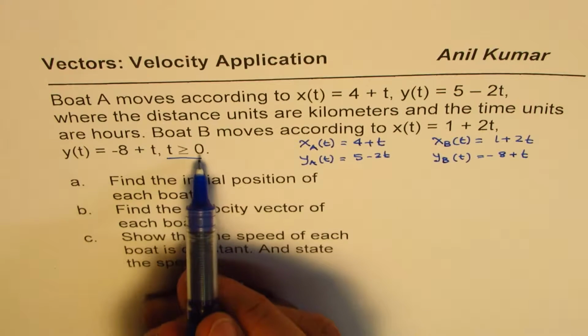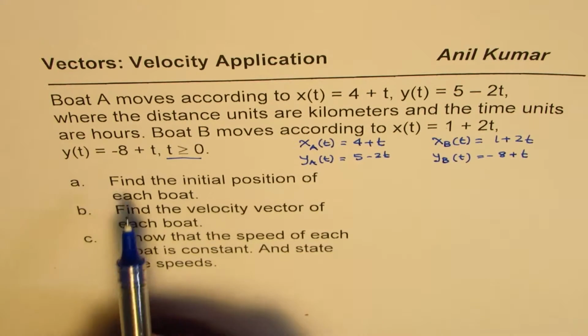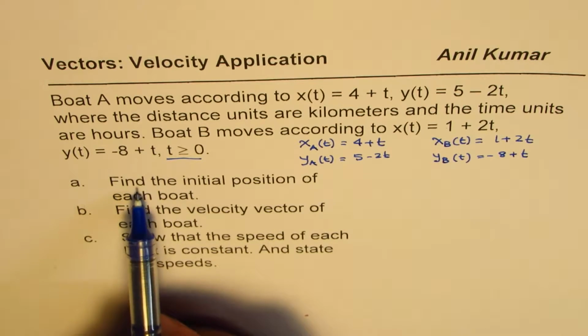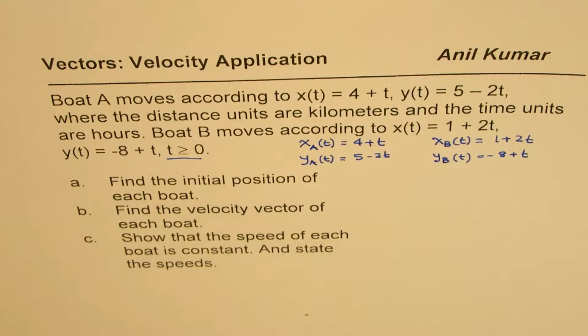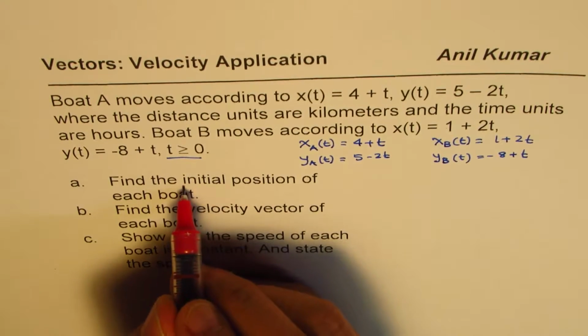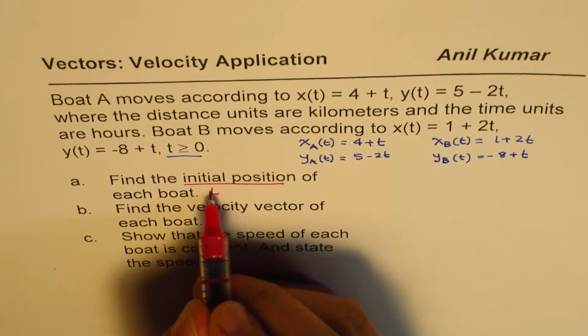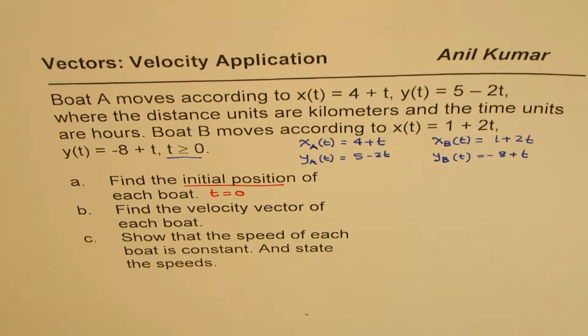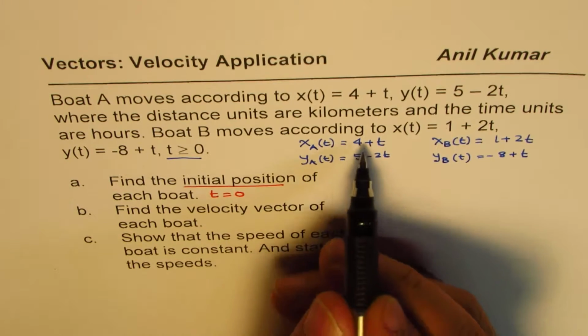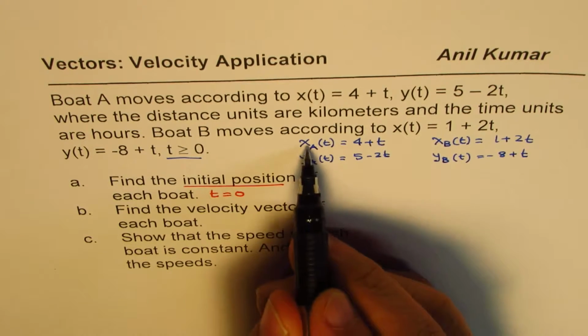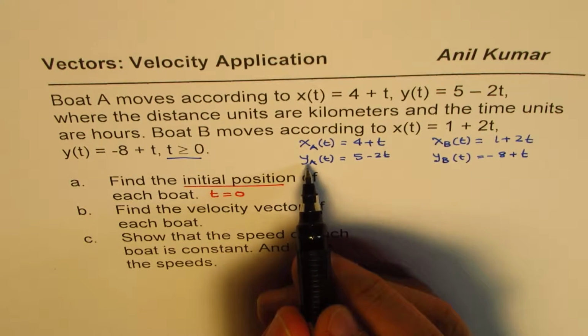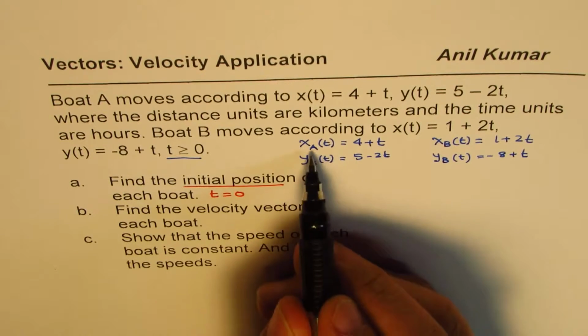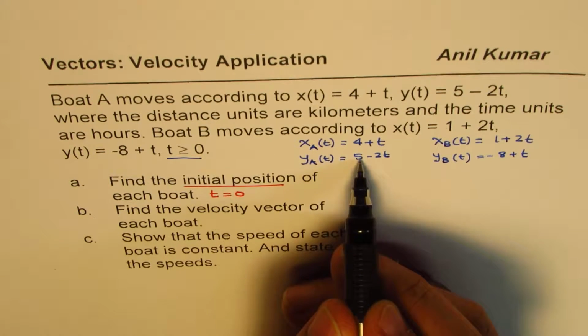That means starting is at t equals 0. Now the first part is find the initial position of each boat. So initial position means t equals 0. That is kind of important, right? So if t is 0, for boat A, what do I get for values of x and y? If t is 0, xa will be 4, ya will be 5. Do you see that?